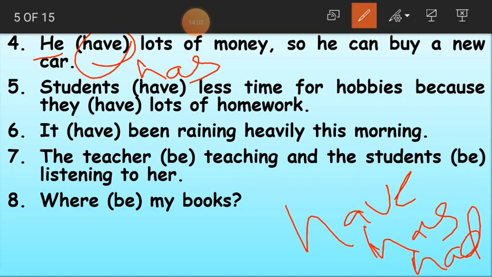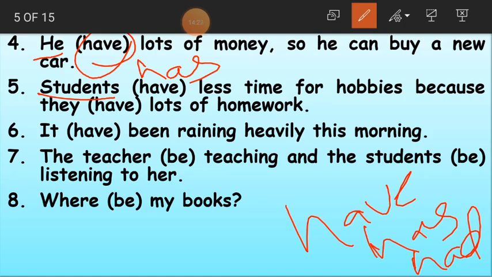Okay. And fifth sentence. Students have less time for hobbies because they have lots of work. Any changes, children, in this sentence? Students, if you see, plural.